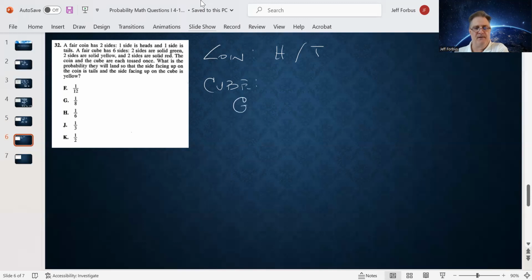I'm going to put G for green. And it says two sides. And the next one is yellow, Y for yellow. And that's two sides. And the other two sides are red. Now, there's a total of six sides on a cube. So 2 out of 6, 2 out of 6, 2 out of 6. You can reduce these to 1/3 each.